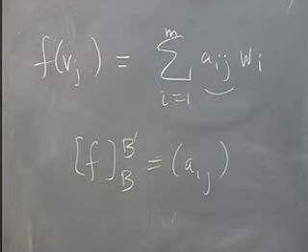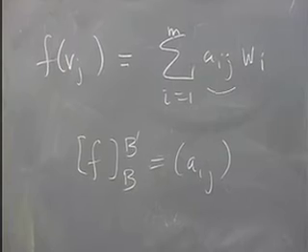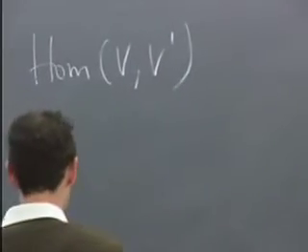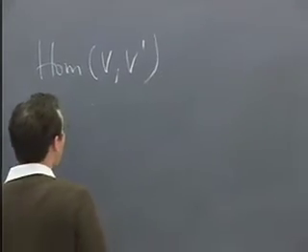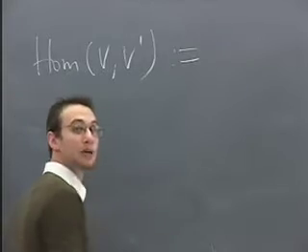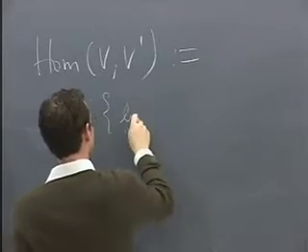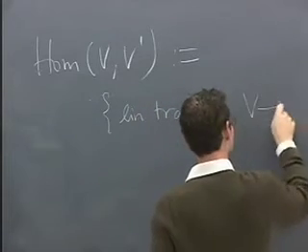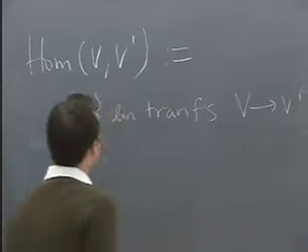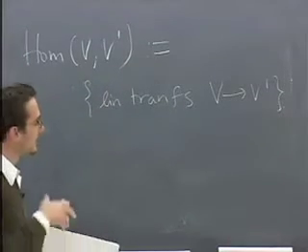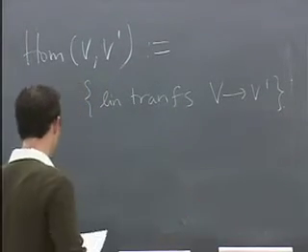And again, let's first of all summarize this. This sets up a very nice correspondence. This allows us to say that Hom(V, V prime), by which I mean the set of linear transformations from V to V prime, in fact has a vector space structure on it, and that's something we're going to see in a minute.